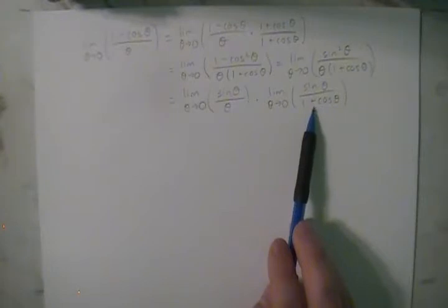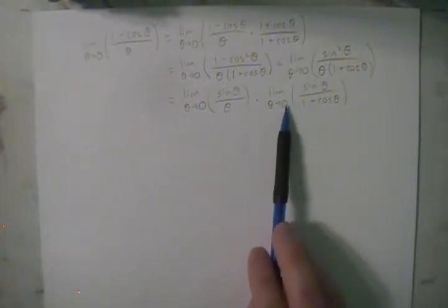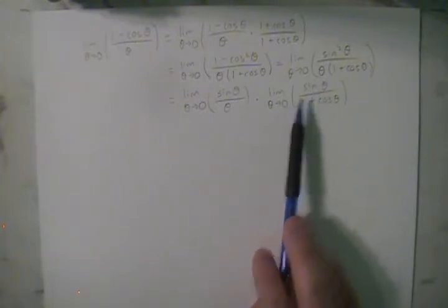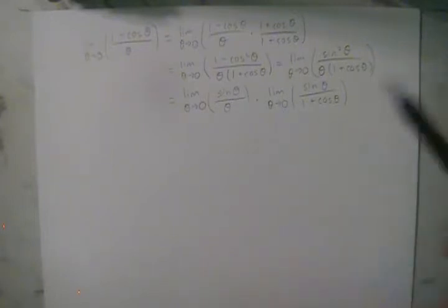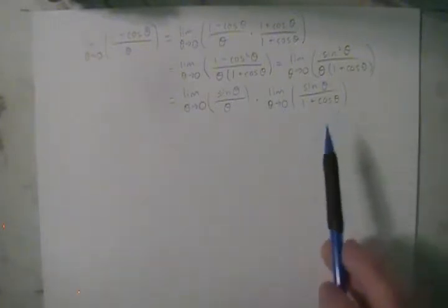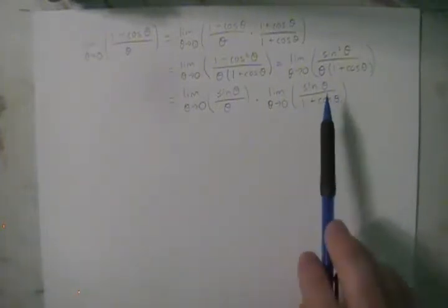All right, so now if you notice, we can actually take the limit of this function here. This one is going to evaluate to 0, because sine of theta is continuous over the interval, the neighborhood around 0. And 1 plus cosine of theta we can also evaluate. So this gives us a number.